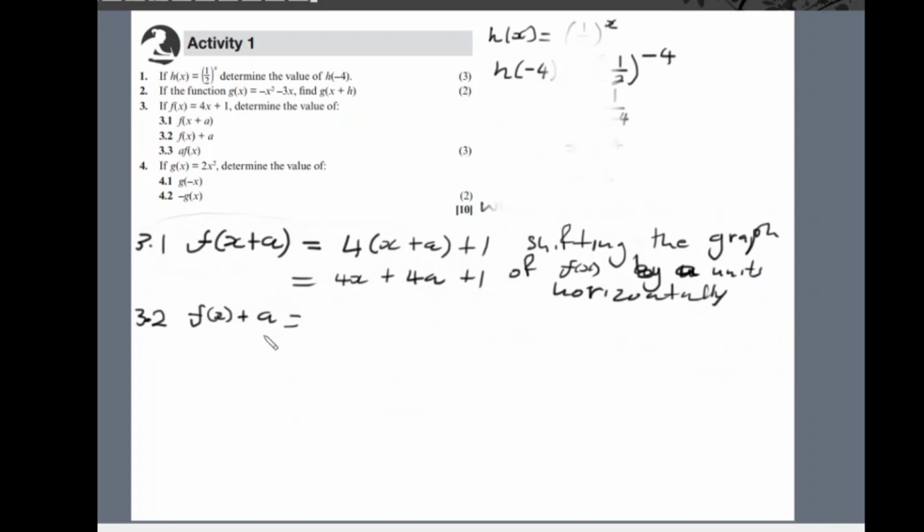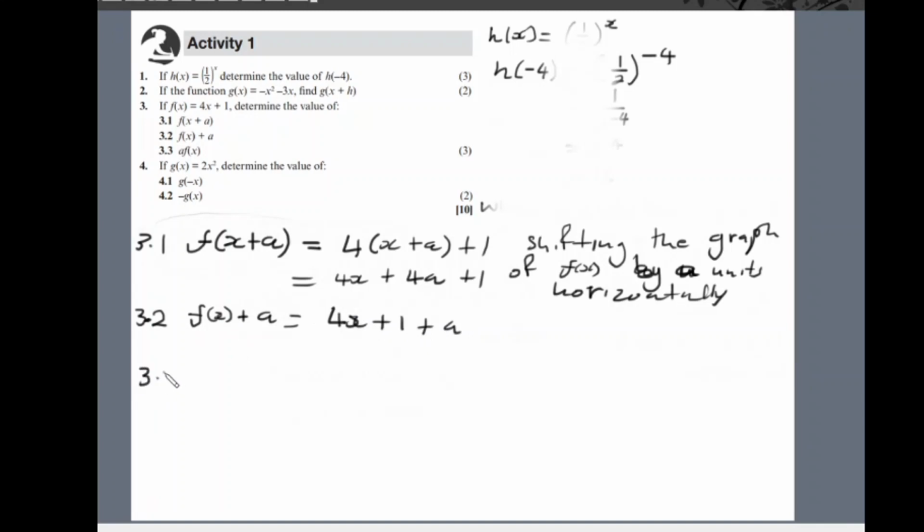And here in 3.2 we are shifting the graph of f by a units vertically, either up or down. In 3.1, we are either shifting it to the left or to the right, right? So 3.2, f of x plus a is simply 4x plus 1 plus a.